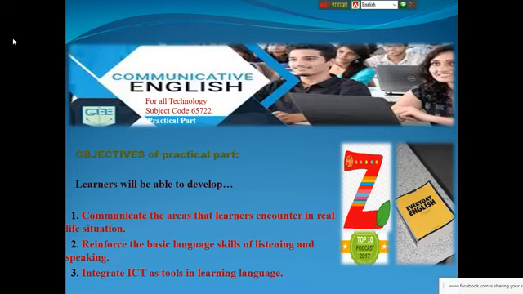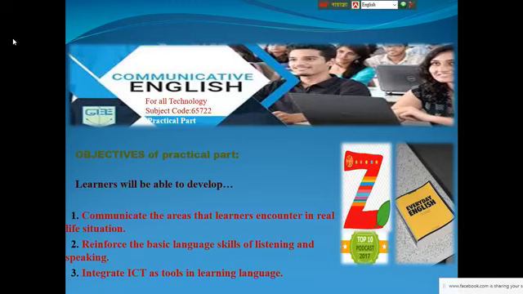Actually, after completion of this practical part, you will be able to develop communication skills if you face an encounter in your real life situations. You will be competent enough to face all the encounters in real life situations. And then reinforce the basic skills of listening and speaking.